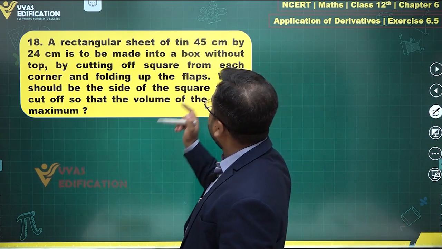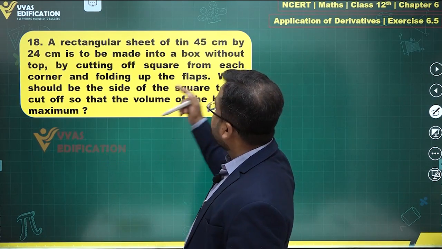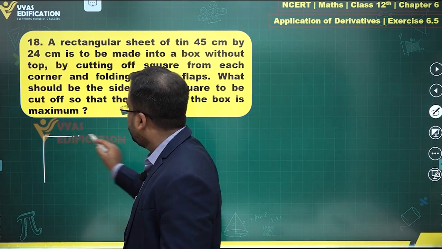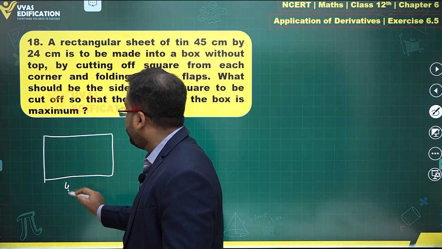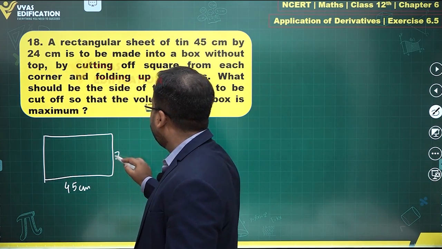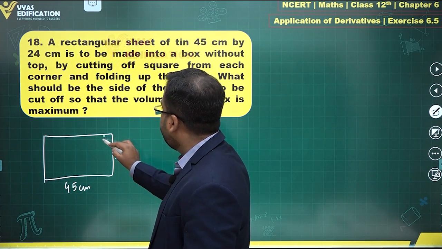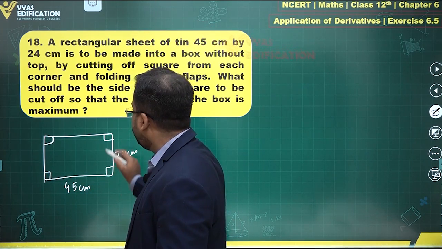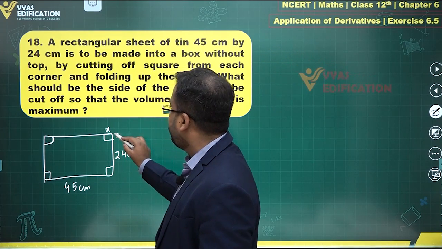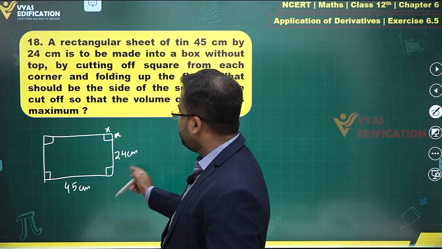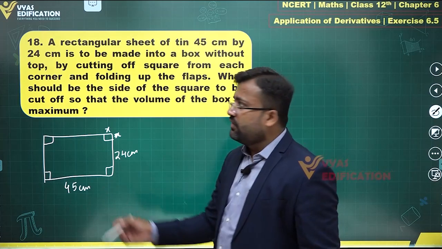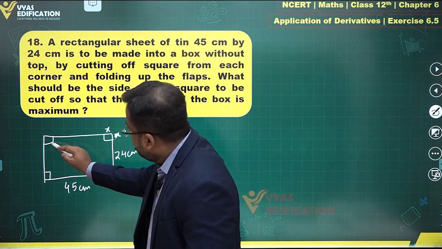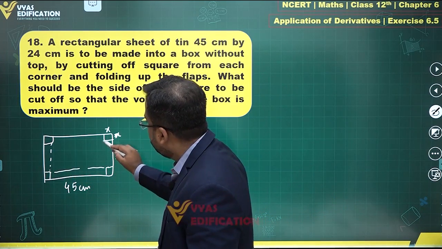What we have is a rectangular sheet of tin 45 centimeter by 24 centimeter. This is what we are beginning with. And you are cutting squares from the corners. Let's say the square side is x and x. x will be in centimeters, lengths will all be in centimeters, and the base will be this.